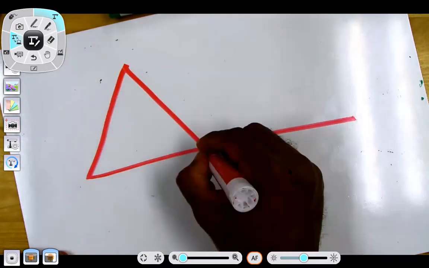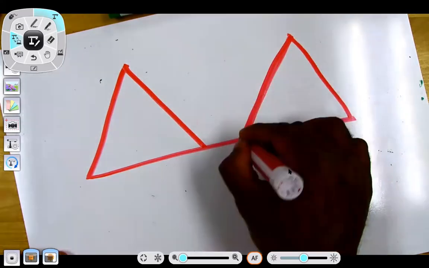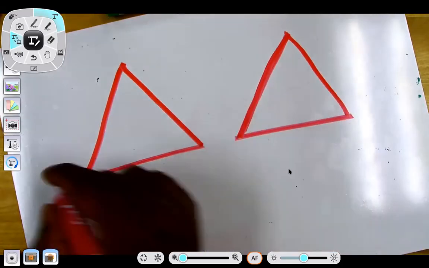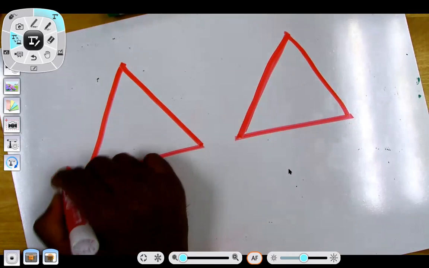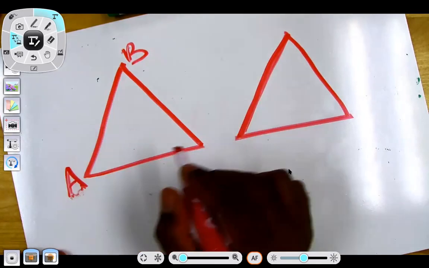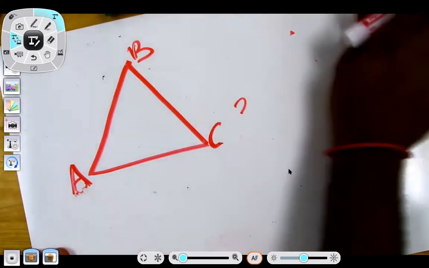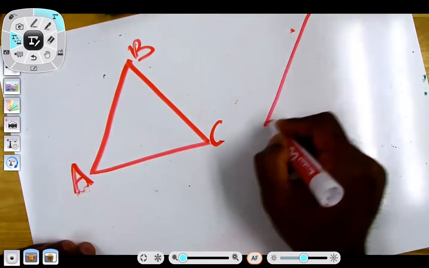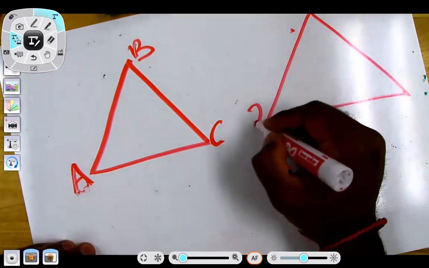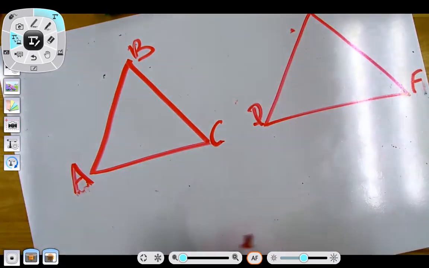There are two triangles which are congruent. A, B and C. D, E, F. All right.